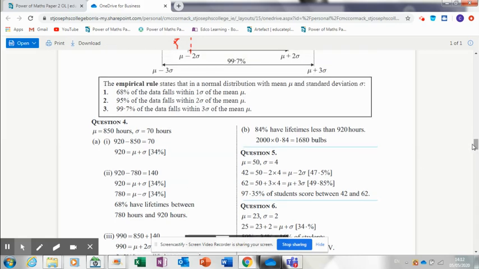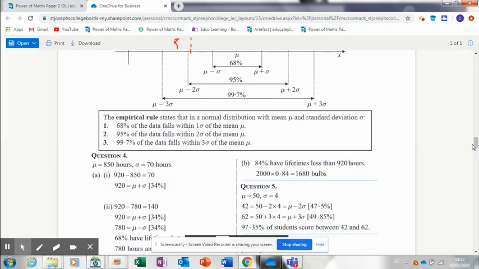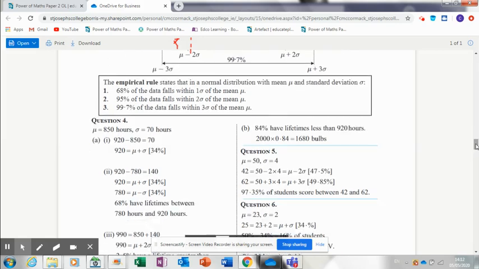So going back up to this here, I suggest that every time you're doing these, the best thing to do is draw out a little normal distribution. Put it down along here. This is your X bar, and you have your 1 standard deviation above and 1 below.